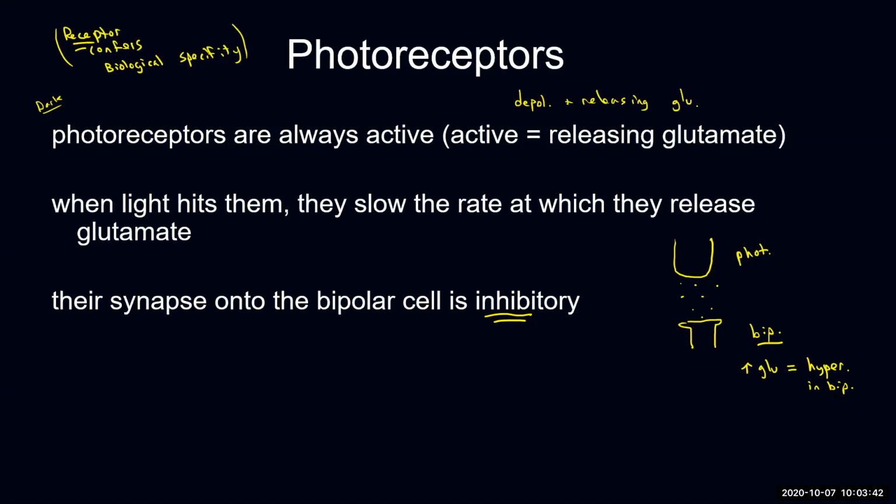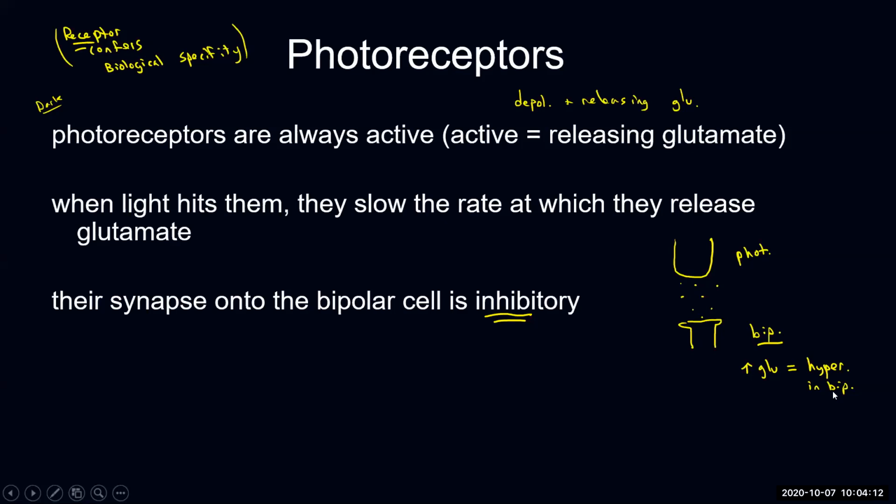Right? I told you the visual system was nutty. All these exceptions, it's crazy. Okay, so photoreceptor in the dark is going to be depolarized, releasing lots of glutamate. That glutamate is going to bind to and activate receptors on the bipolar cell. When those receptors are activated, we get a hyperpolarization in the bipolar cell.